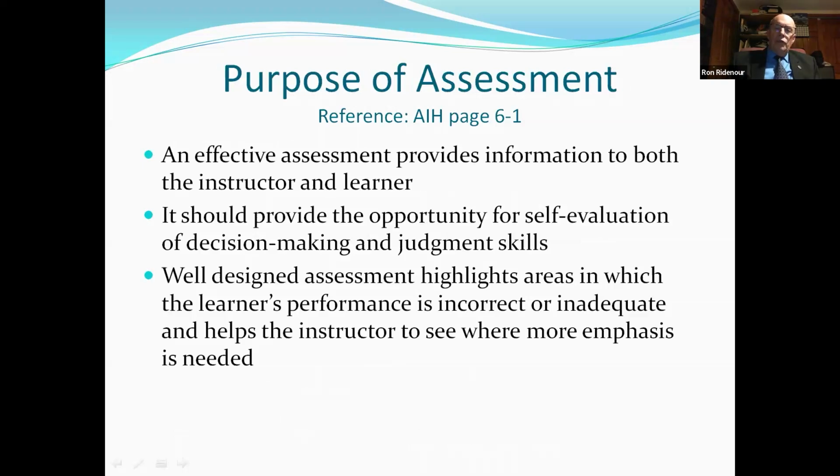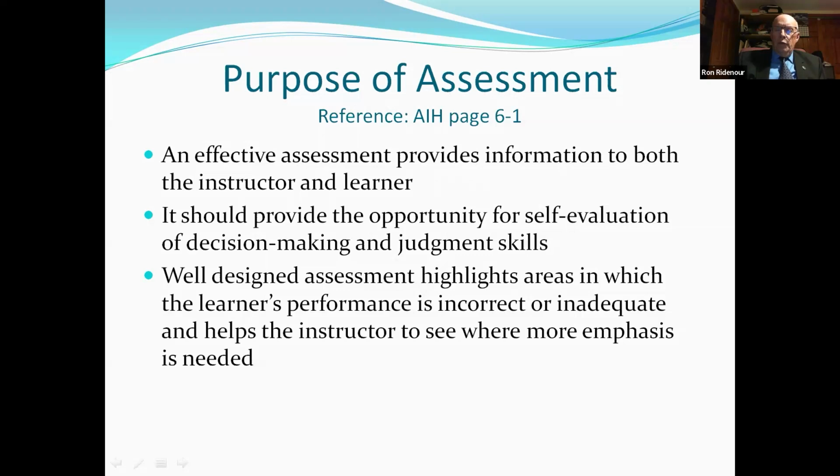So page 6-1, again, an effective assessment provides information to both the instructor and the learner. It should provide the opportunity for self-evaluation and decision-making and judgment skills. A well-designed assessment highlights areas in which the learner's performance is incorrect or inadequate and helps the instructor see where more emphasis is needed.